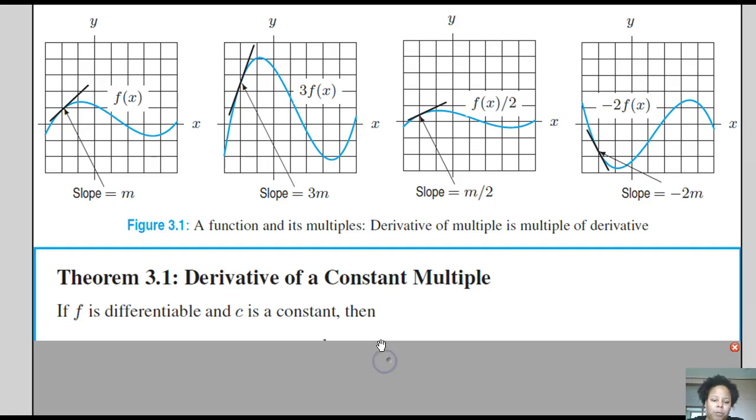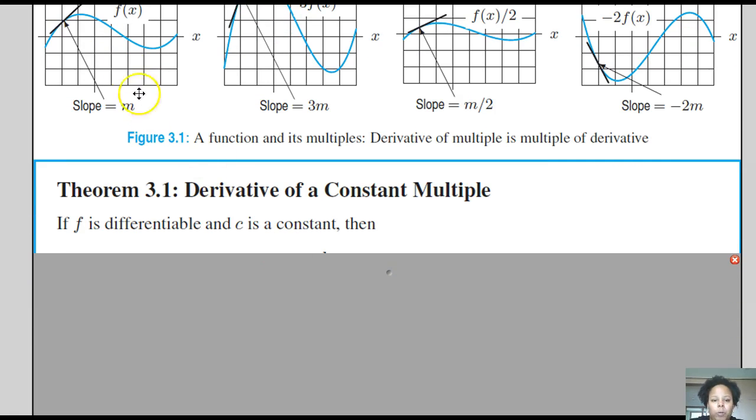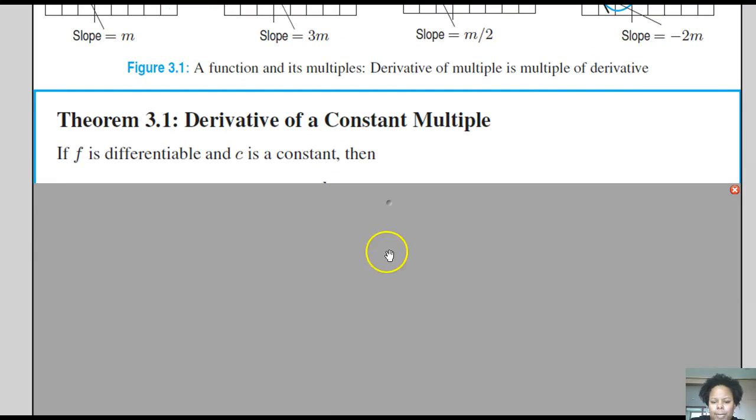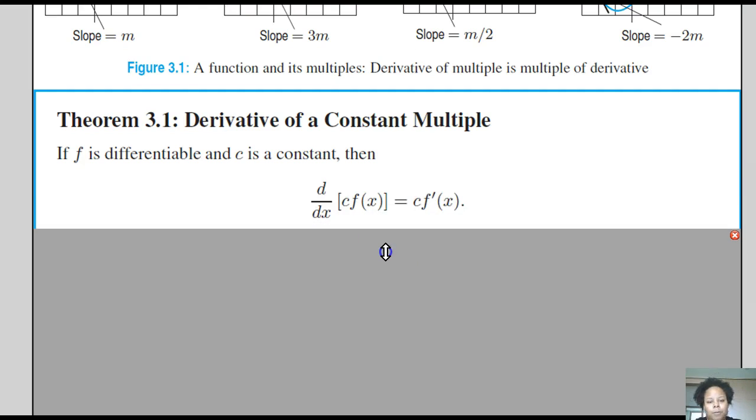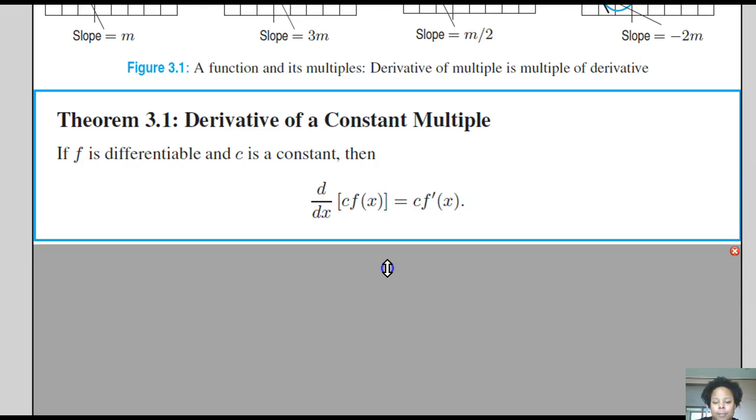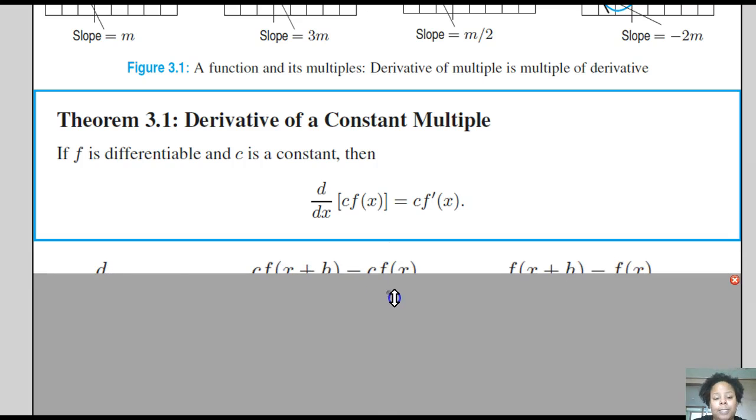We call that multiple a constant multiple, and here we used 3, 1/2, and -2. If f is differentiable and c is a constant number, it can be any number, then the derivative of c times f of x is equal to c times the derivative of f at x. So we're making a multiple of the derivative.